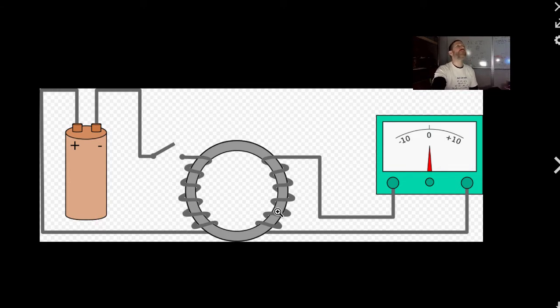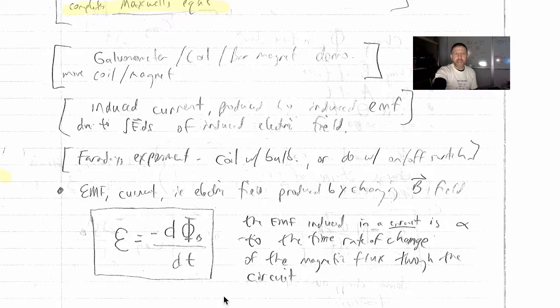Only when the magnetic field is changing do you get any current, hence any EMF or electric field. EMF, we use this curly E for that. There's an EMF, i.e. an electric field, produced by changing a magnetic field. And to be more specific, really you can change the magnetic flux in any way and you will get an EMF.